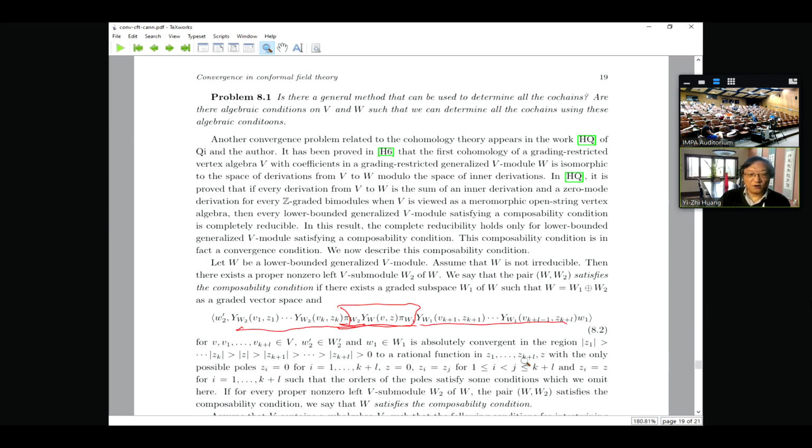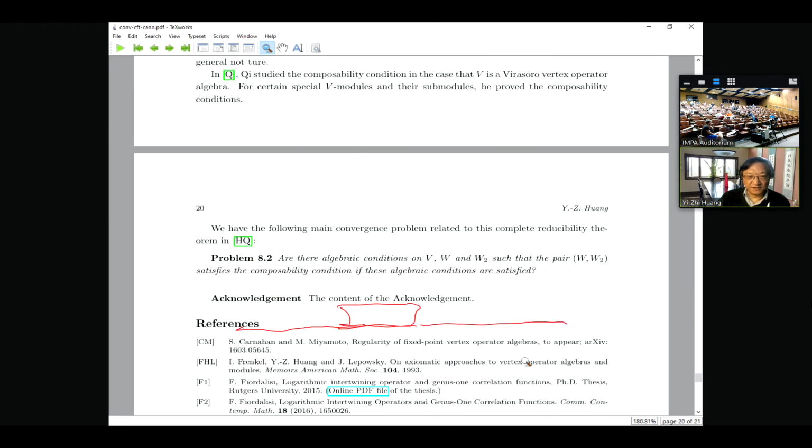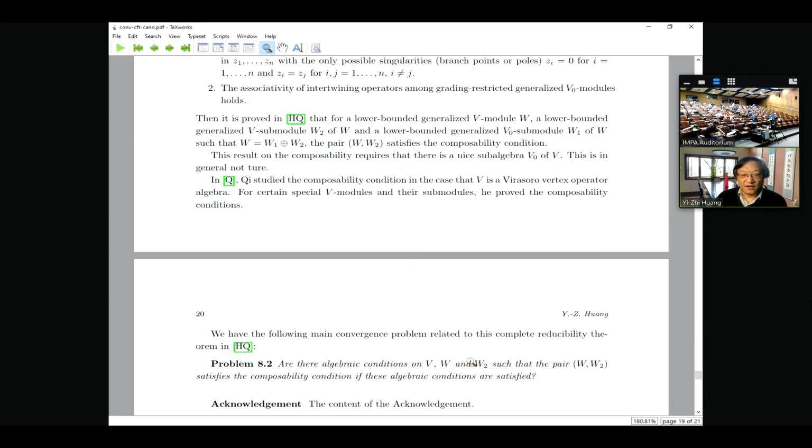But in general we have no idea, and therefore we have the last problem, an open problem, that is: are there any algebraic conditions on V, W, and W2 such that this convergence condition is satisfied? So I believe that if these convergences are proved, we can actually have a really nice, powerful theory of cohomology.